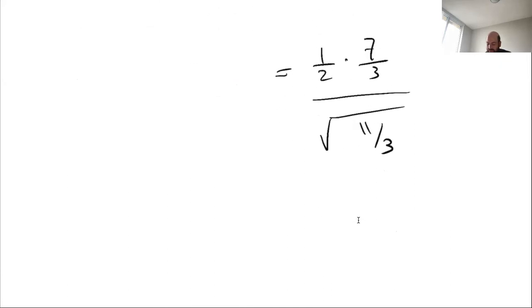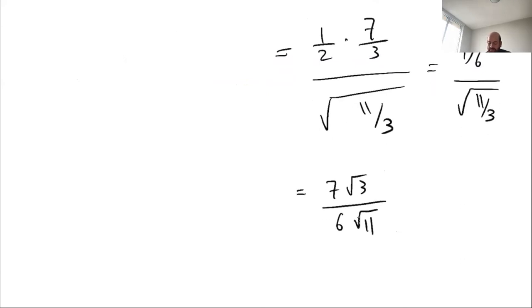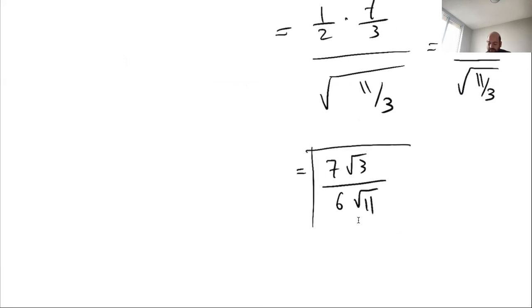Then this is 7 over 6 divided by square root of 11 over 3. So this is 7 root 3 divided by 6 root 11. Okay, so this is the final answer.